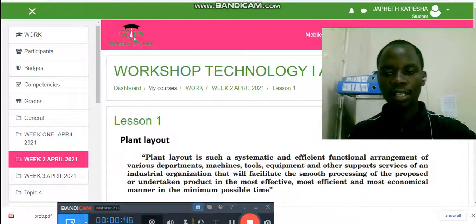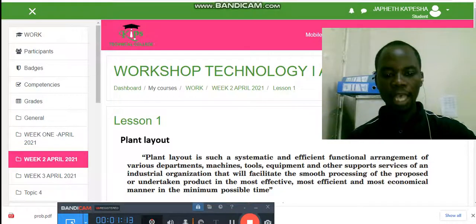Other than arrangement of the various departments, you can also arrange machines, tools, equipment, and other support services of an industrial organization, so that these facilitate the smooth processing of the proposed or undertaken product in the most effective, most efficient, most economical manner in the minimum possible time.